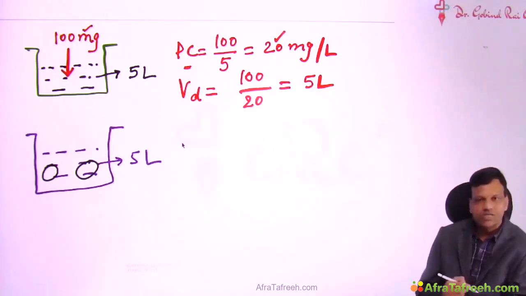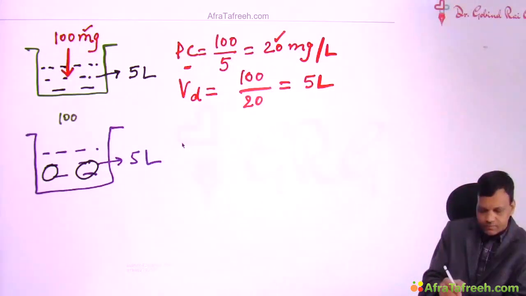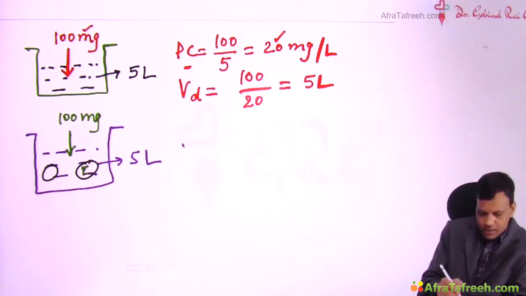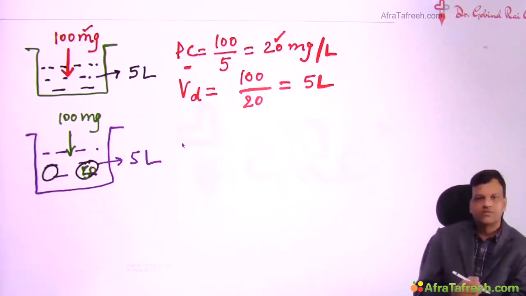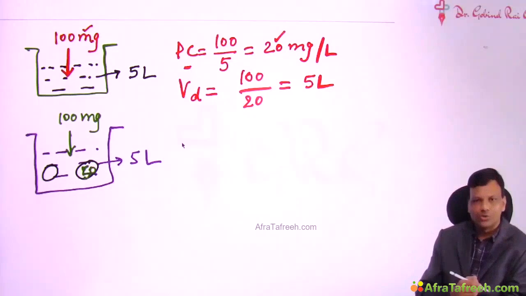These organisms represent the organs in the body. When we dissolve 100 milligram of drug in this beaker, suppose 50 milligram is eaten by these organisms. That means the drug has gone into tissues.